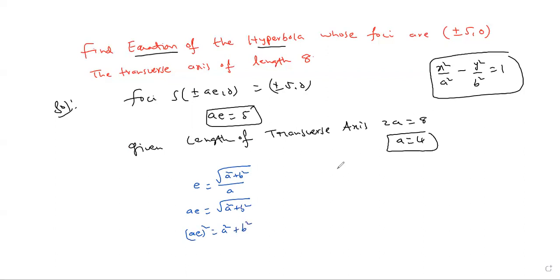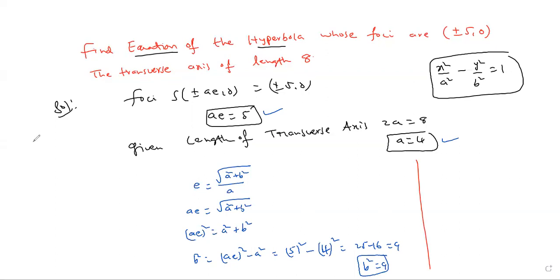So a we already have, we should get the b square value. b square can be written as ae whole square minus a square. ae we already got as 5, a we got as 4, minus 4 square, which is equal to 25 minus 16, which is 9. So clearly b square is 9.